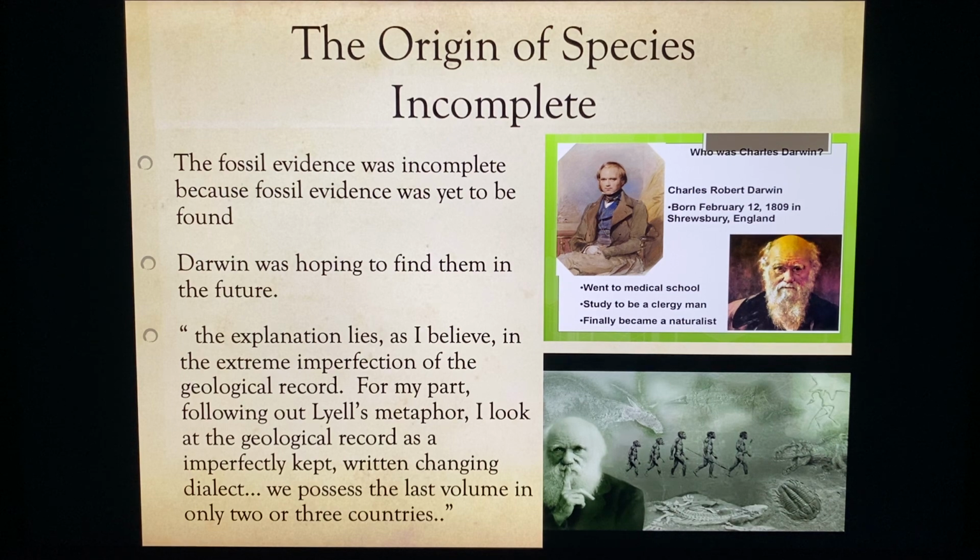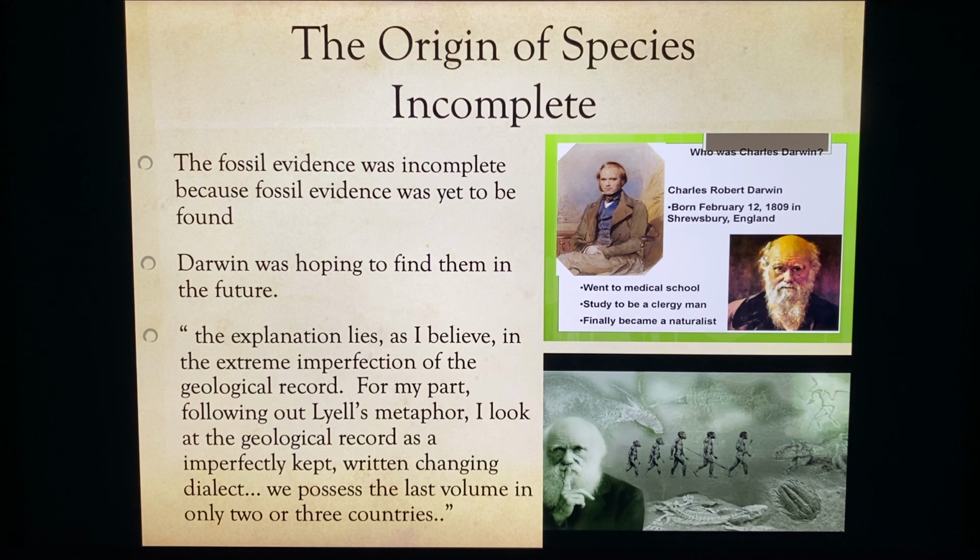The Origin of Species was incomplete. The Origin of Species, as we have found out, was written by Charles Robert Darwin, who was born February 12th, 1809, in Shrewsbury, England. He went to medical school, and he studied to be a clergyman, a pastor, and then he finally became a naturalist.